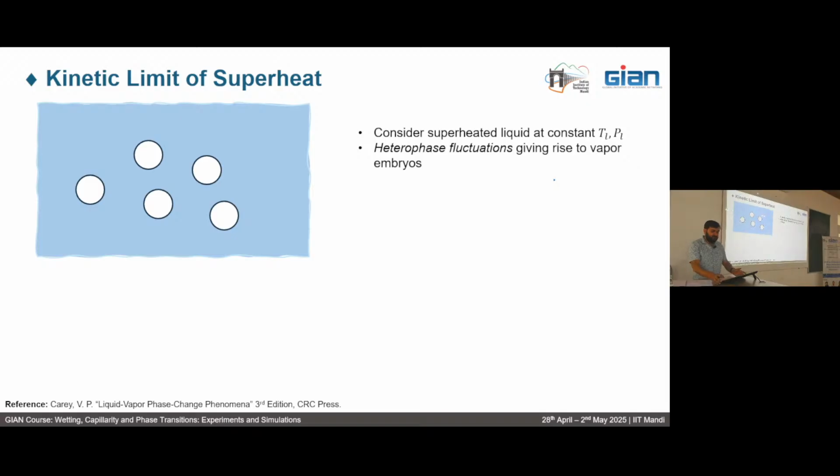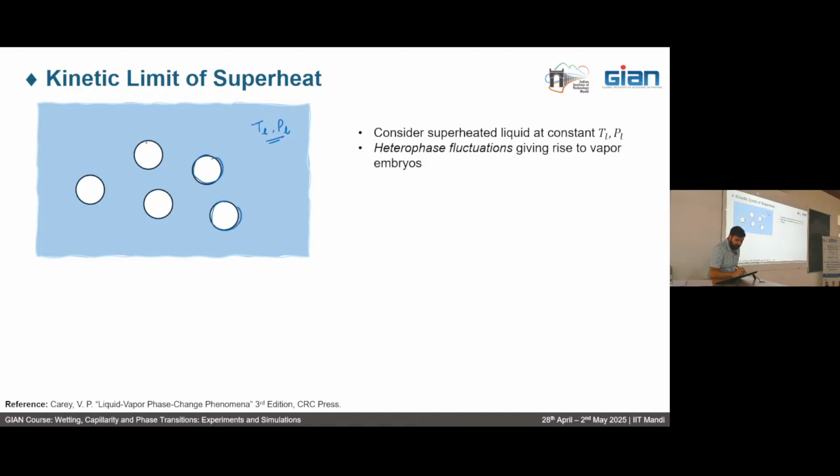Let us consider again a superheated liquid at temperature TL and pressure PL. We assume the fluctuations occur so fast that they reduce the density of the metastable liquid, and then we observe the formation of bubble embryos.